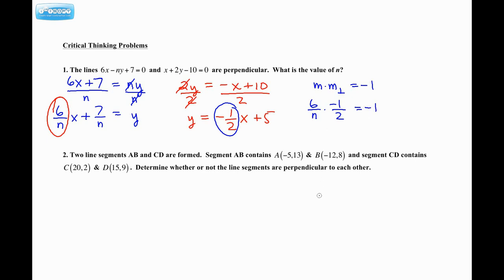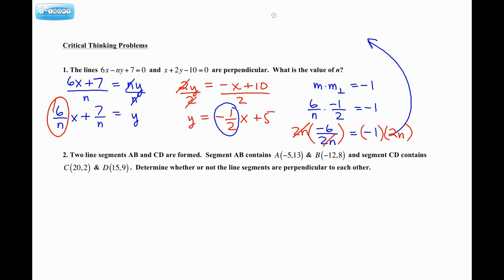I'm just going to solve for n. So in the numerator, I get negative 6. And in the denominator, I get 2n. And that is equal to negative 1. All right, now I'm running out of room here, so I'm just going to shift my work up here. I'm going to multiply both sides of this equation by 2n. So they're going to cancel.